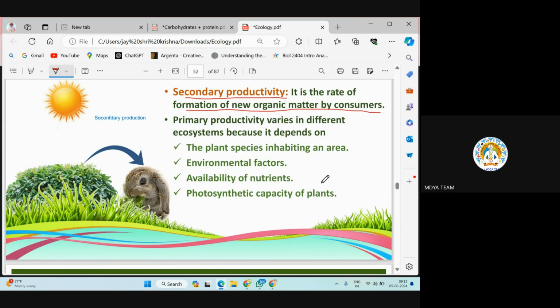And the remaining energy that is available for the consumers is known as net primary production. Gross is the total the plant is producing, the other one is net primary production.